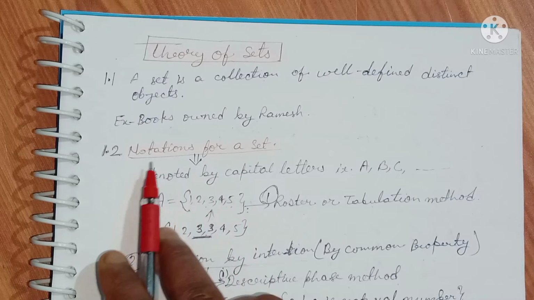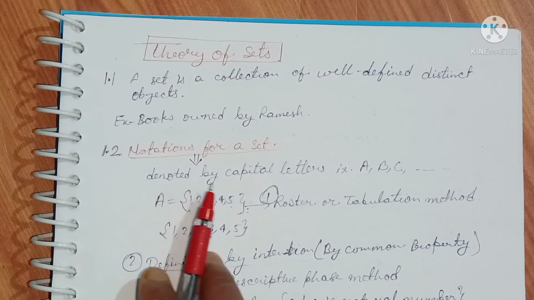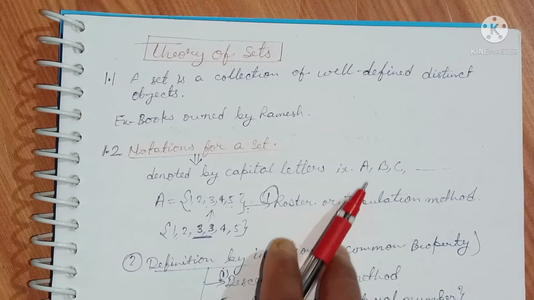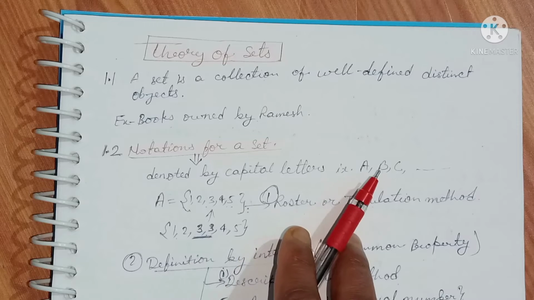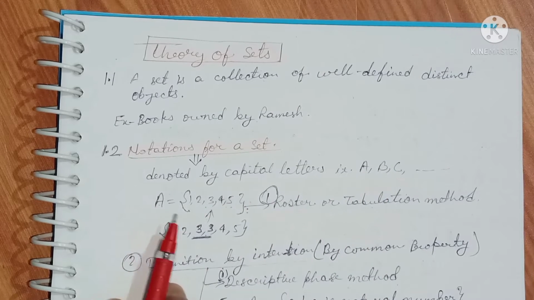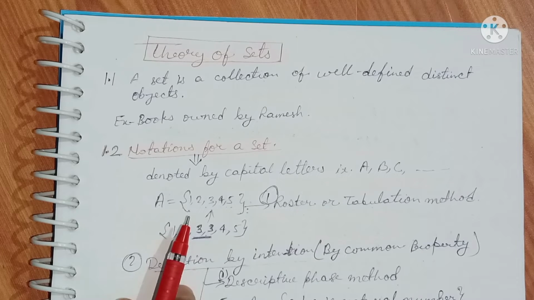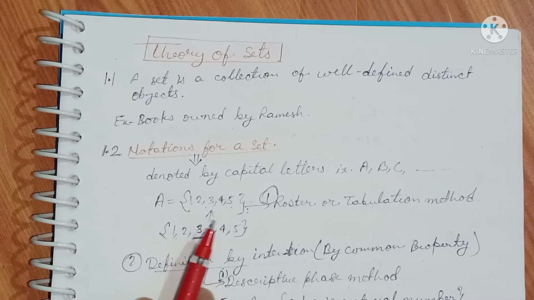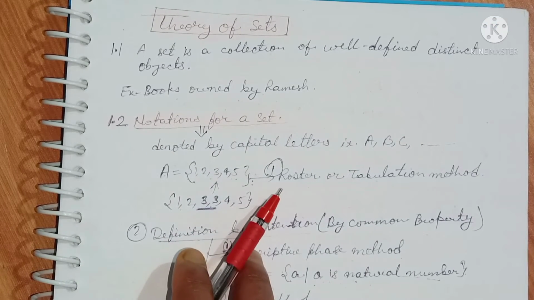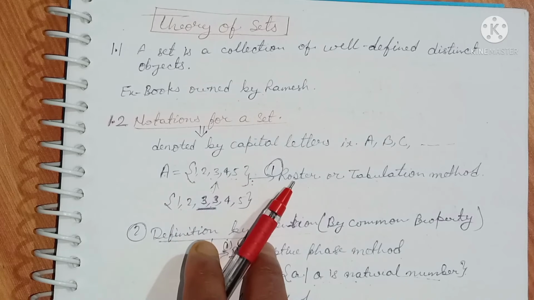Next is the notation of a set. Generally we denote sets by capital letters, like A, B, C. And there are many ways by which we can denote a set.